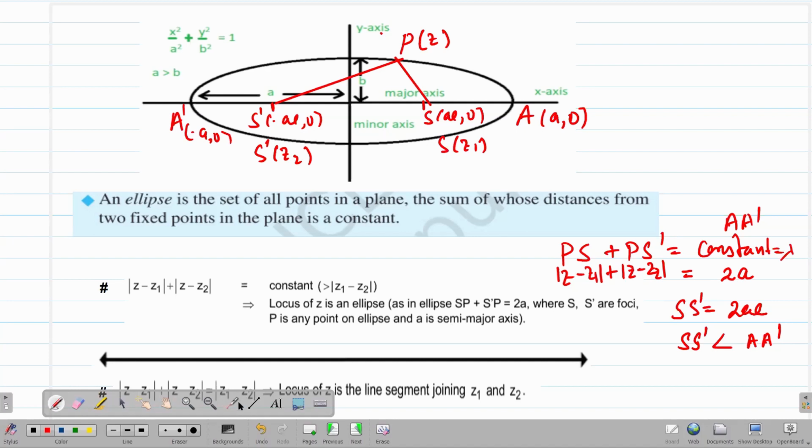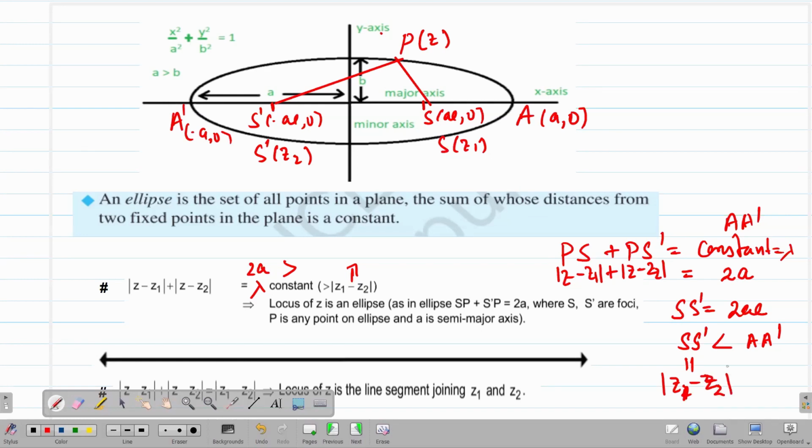Then the locus of z is an ellipse if this lambda, 2a, is greater than the distance between the foci, SS dash, which in complex numbers is mod of z2 minus z1, or z1 minus z2.